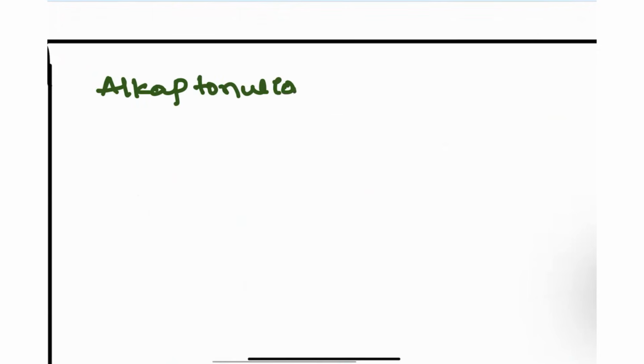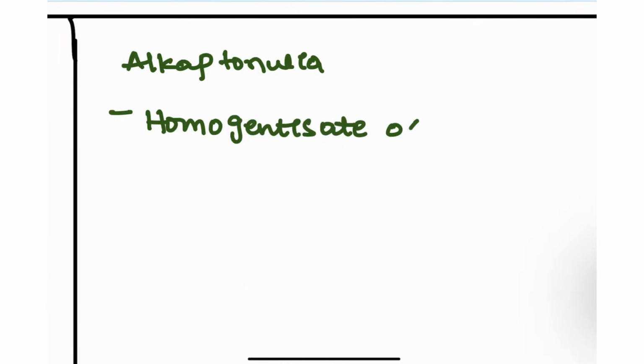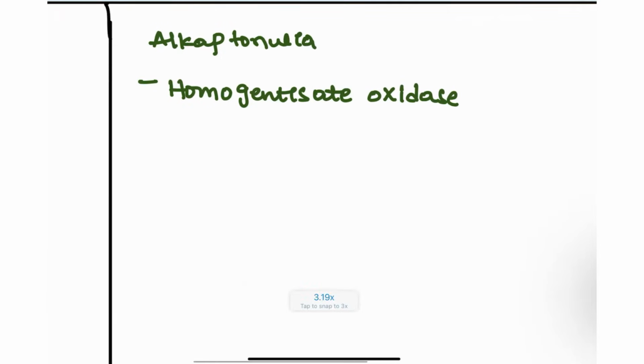This is alkaptonuria. What is the enzyme that is deficient here? Homogentisic acid oxidase. This is the deficiency in patients of alkaptonuria, also known as black urine disease.